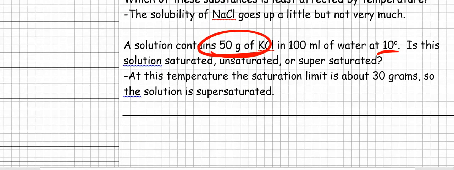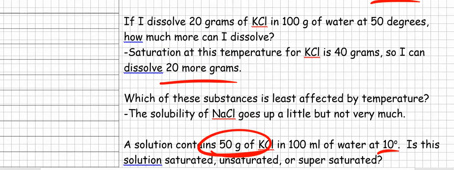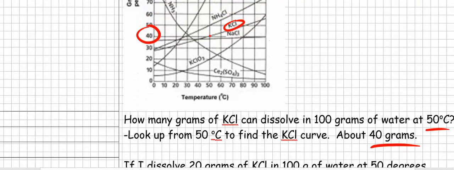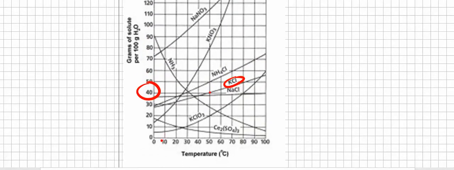I'm sorry, I was looking at the wrong temperature. We're supposed to be looking at 10 degrees. Let's do that again. So 10 degrees for potassium chloride. So 10 right here, go across. That's about what? 32? Right? If this is 10, we go across. Here's the potassium chloride line right there. In fact, I would say that's right on the 30. Okay? That's right on the 30.